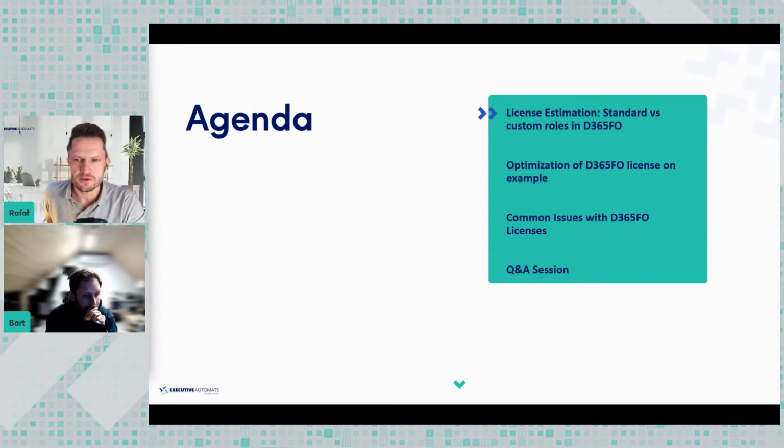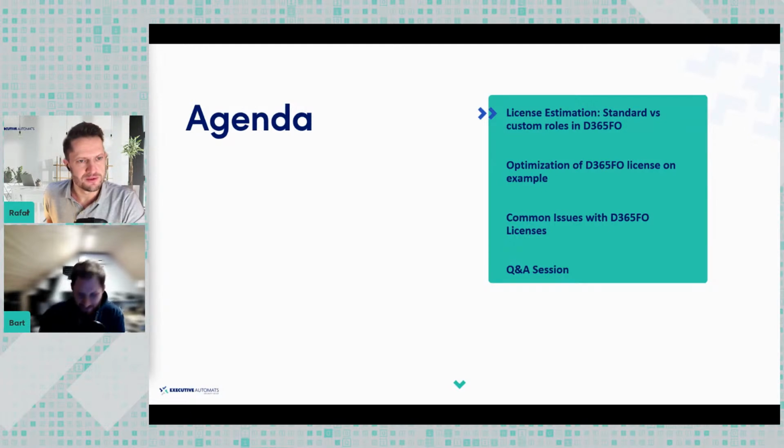Afterwards, we'll move to the point which will address how we can optimize license on a particular example. Then we'll move to the common issues which we usually have with licensing of the D365 Finance and Operations environment. Last but not least, a live question and answer session. So, Bart, the stage is yours.